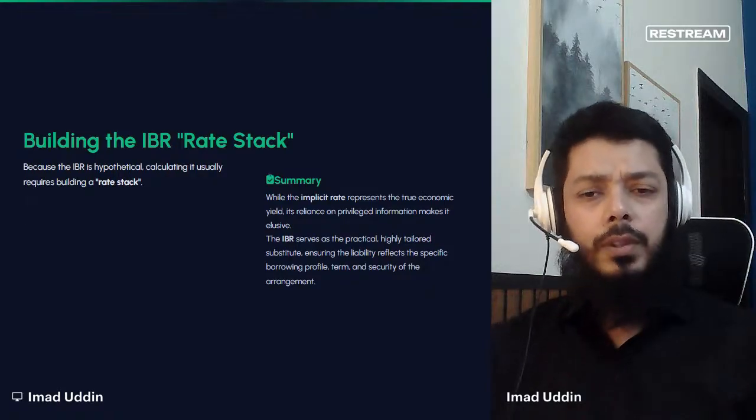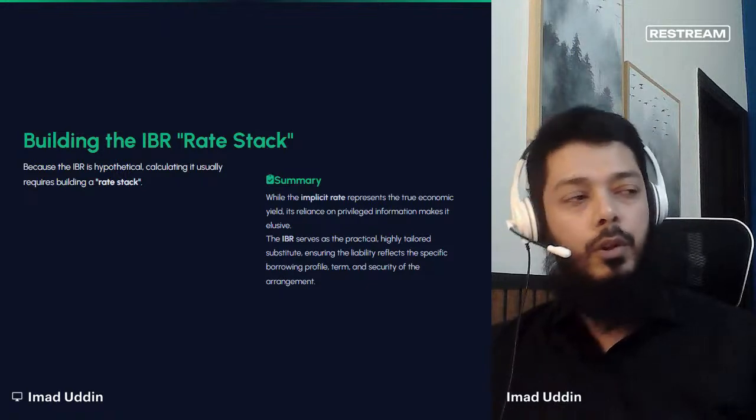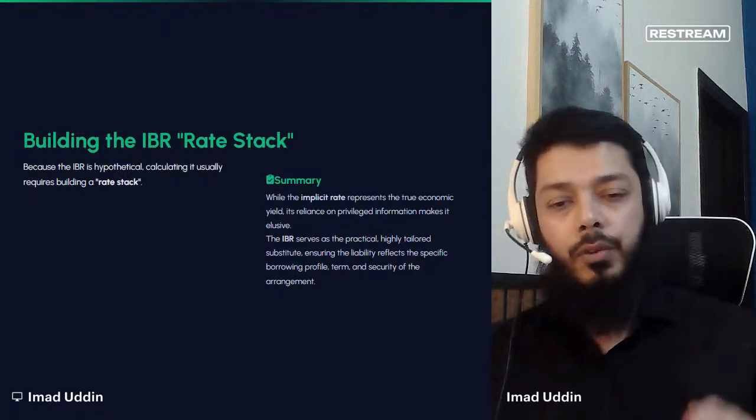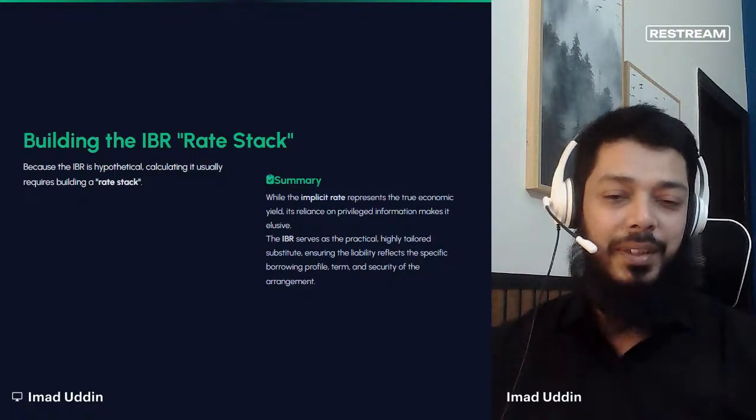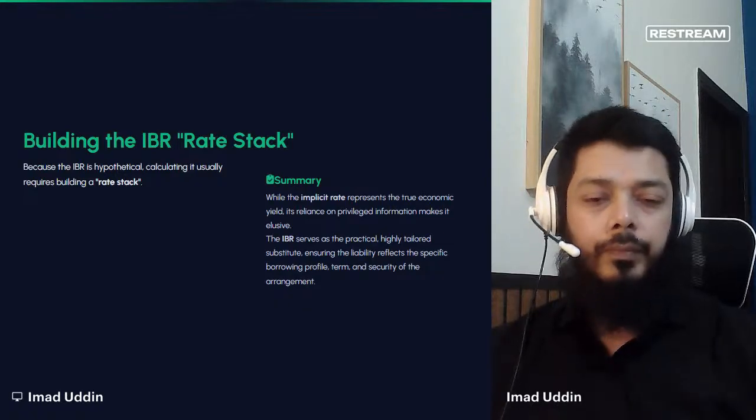So how do we do this in practice, by the way? As we said, this is a hypothetical rate. We do not go to banks and ask for quotations for different kinds of transactions or borrowings. What we do is we try to calculate it based on certain assumptions.